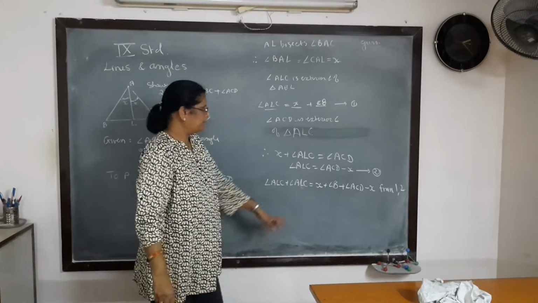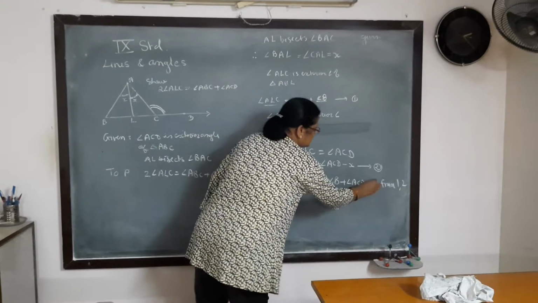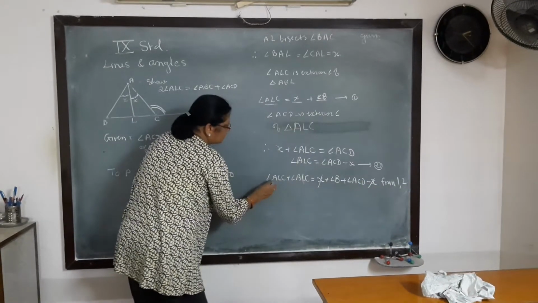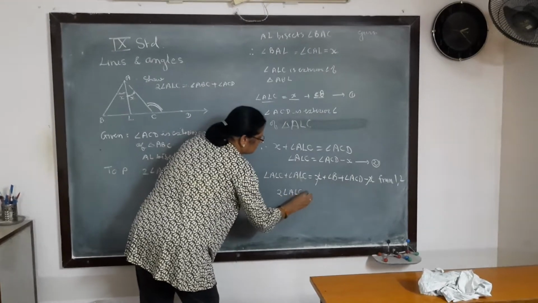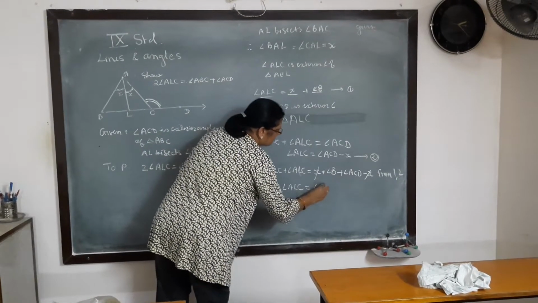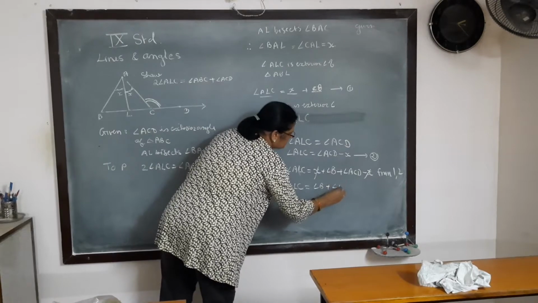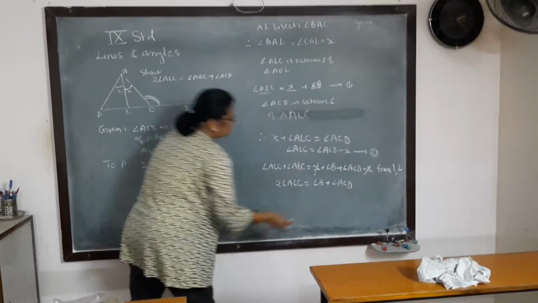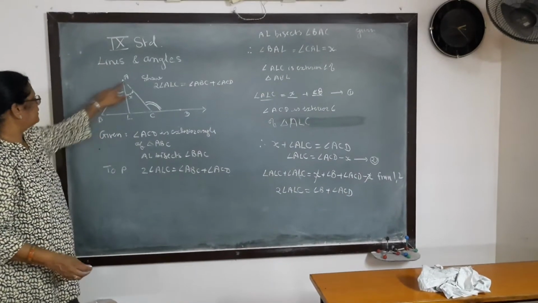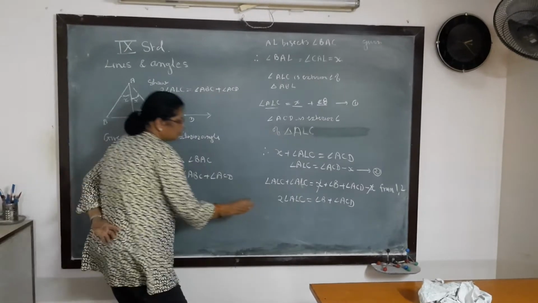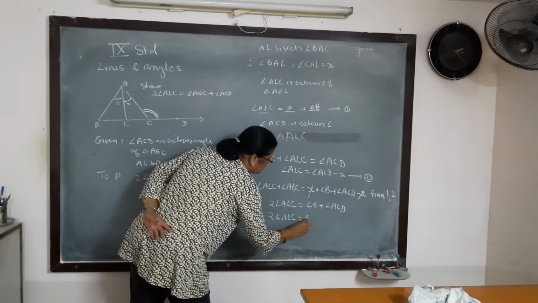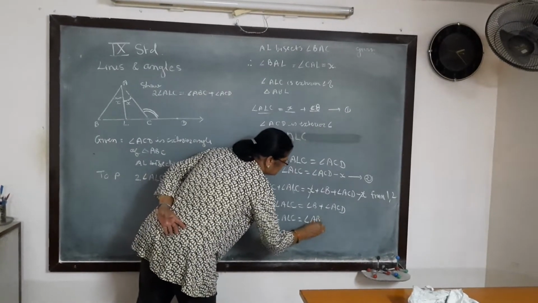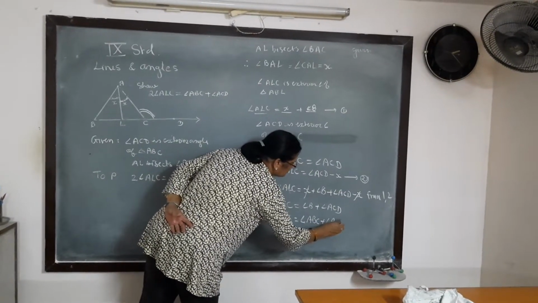Now it's very simple. x and x get cancelled and we get the direct result. ALC plus ALC is twice angle ALC, which is equal to angle B plus angle ACD. This angle B I can write as angle ABC. So twice angle ALC is equal to angle ABC plus angle ACD.